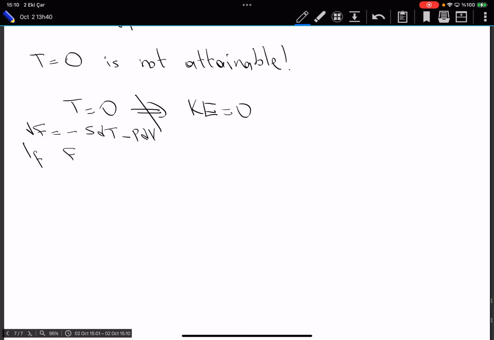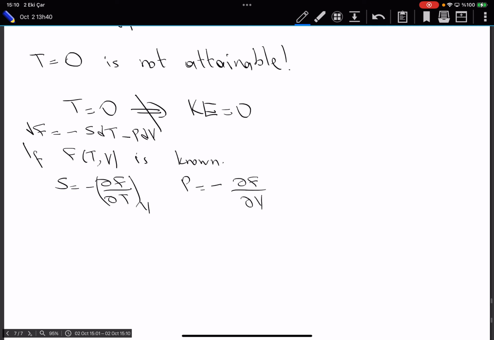If you can somehow calculate F as a function of temperature and volume, well, basically we know everything else. The entropy is the derivative of the free energy with respect to temperature at constant volume. The pressure of the system is minus the derivative of free energy with respect to volume at constant temperature.